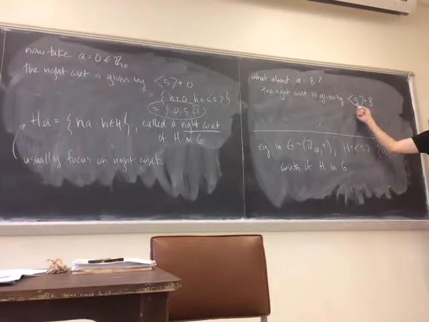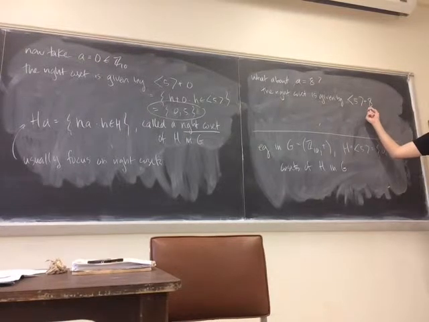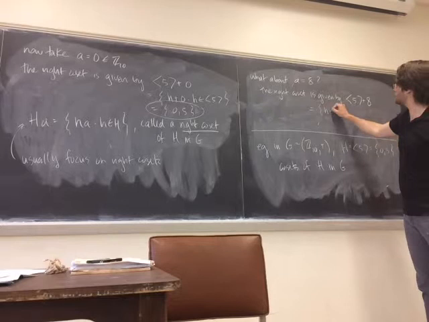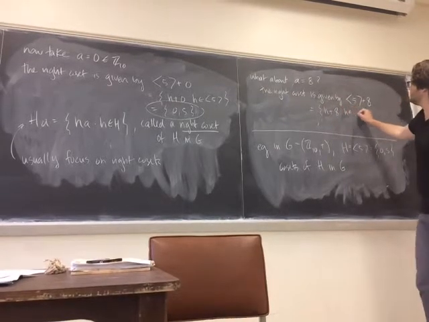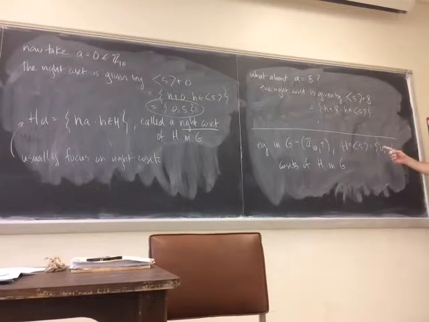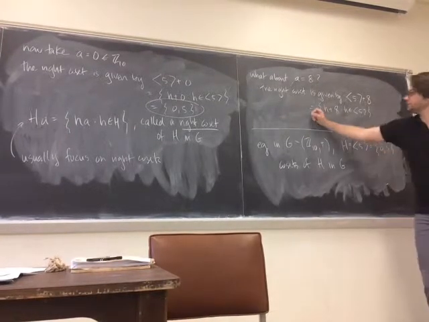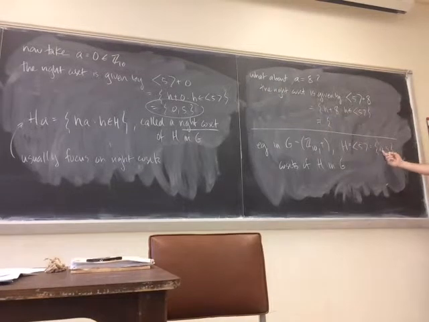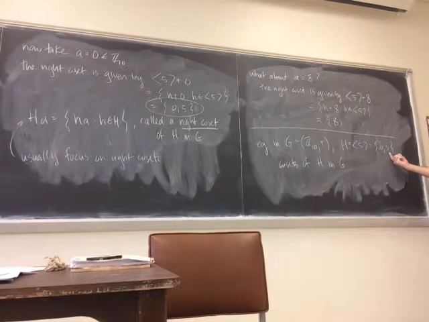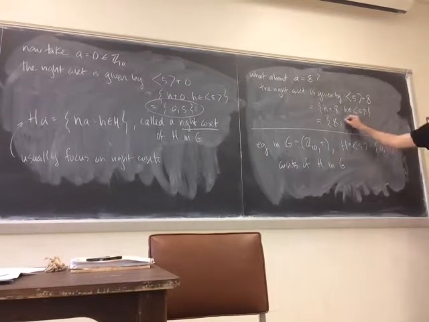In general, it's subgroup operation element, okay? And again, this is the set of all H plus 8, where H is in the subgroup. Well, if I take this guy plus 8, what do I get? 8. And if I take this guy plus 8, I get 3.